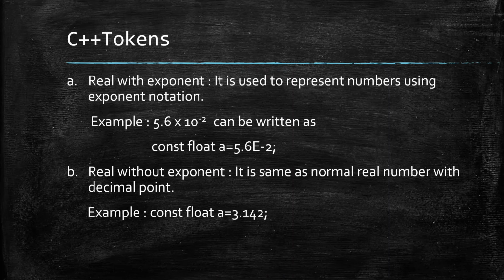How do you write numbers with exponent in C++ programming? It is used to represent numbers using exponential notation. For example, 5.6 into 10 power minus 2.